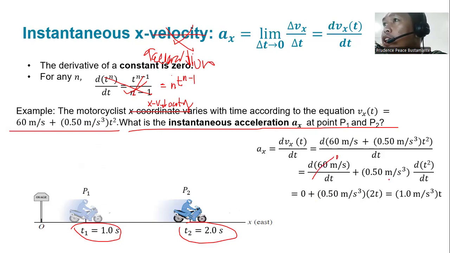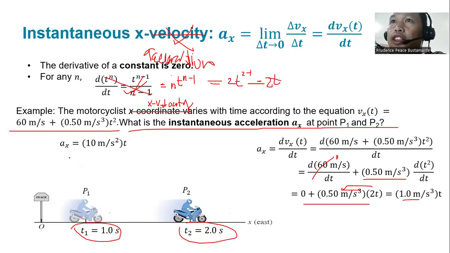The derivative of the second term is the constant times the derivative of t squared. The derivative of t squared is just 2t to the power of 2 minus 1, or 2t. If you multiply this, we have 1.0 meters per second cubed times t. That is our acceleration as a function of time.